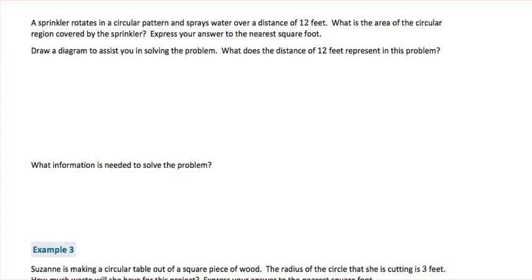In example 2, we have a real-life problem in which the sprinkler is rotating in a circular pattern and sprays water over a distance of 12 feet. We need to find the area of the circular region covered by the sprinkler and express our answer to the nearest square foot. So we're going to be rounding to the nearest square foot. First, we might draw a circle to solve the problem.